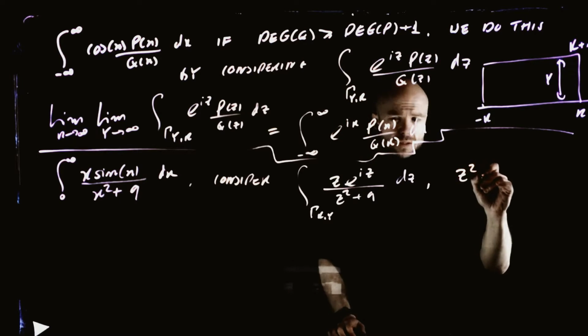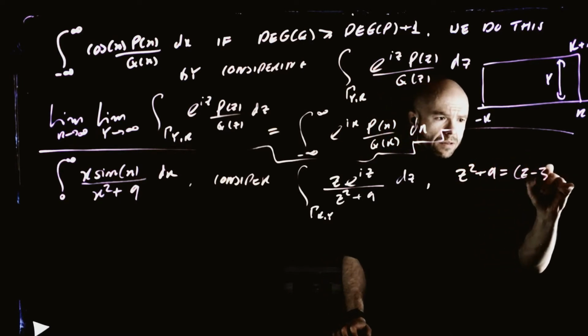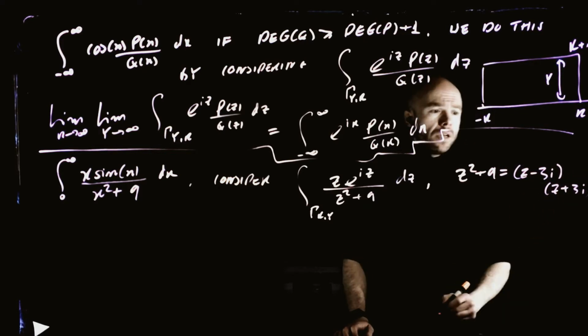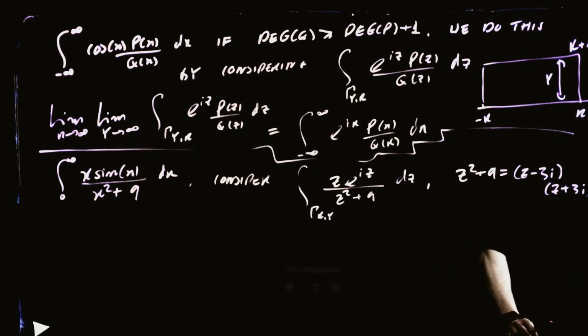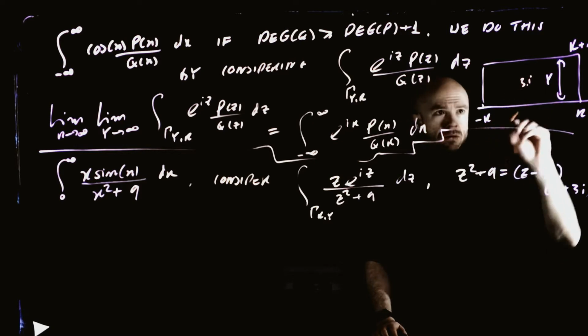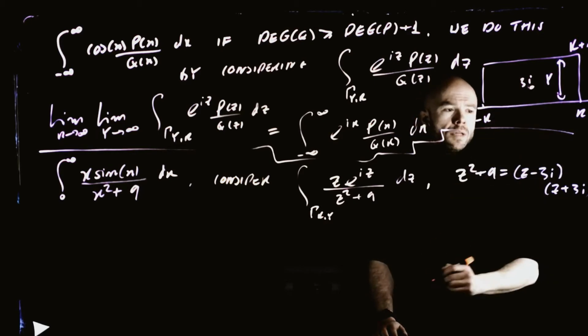Well, z squared plus 9 can be factored as z minus 3i times z plus 3i, right? So therefore, our one pole is here at 3i. This is where the one pole is.